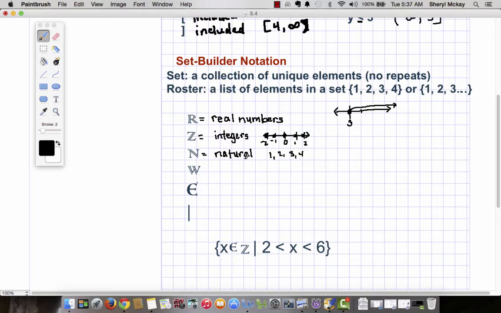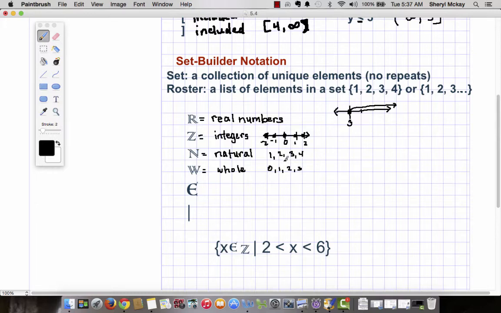Okay? That's what the natural numbers are. Whole numbers, that's what the W stands for, are 0, 1, 2, 3. So whole numbers are all of the numbers from 0 forward. Okay? So the integers with 0.